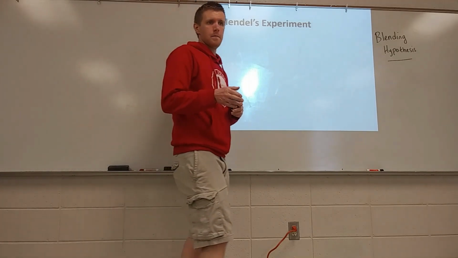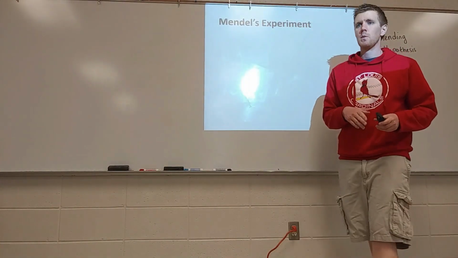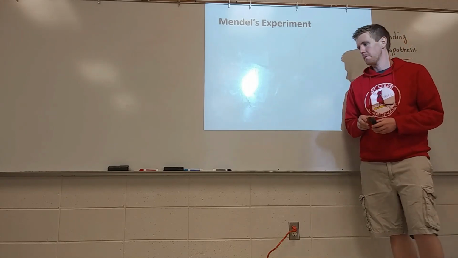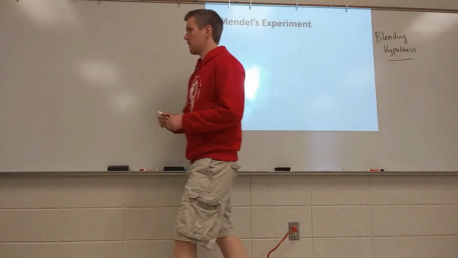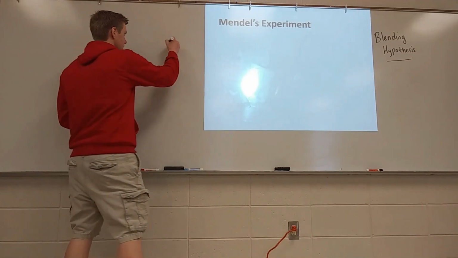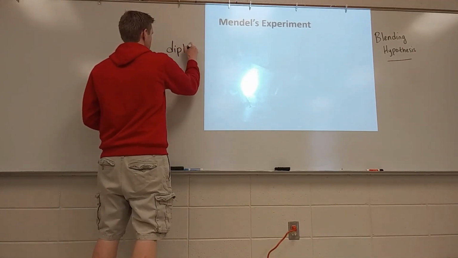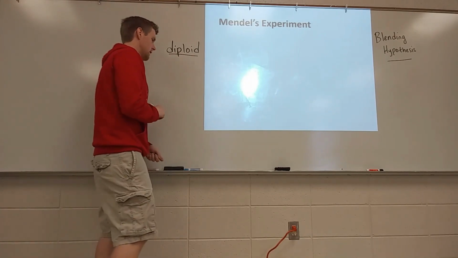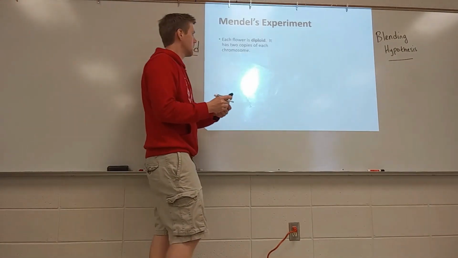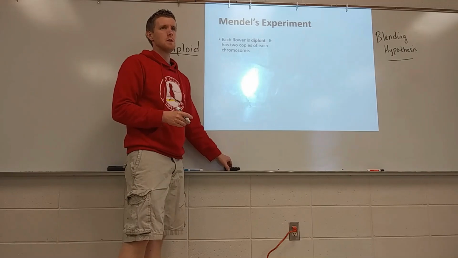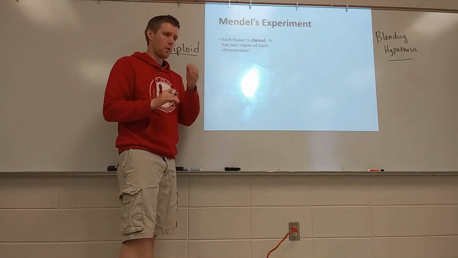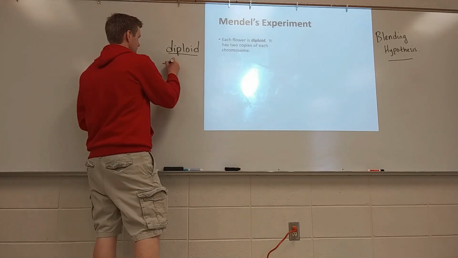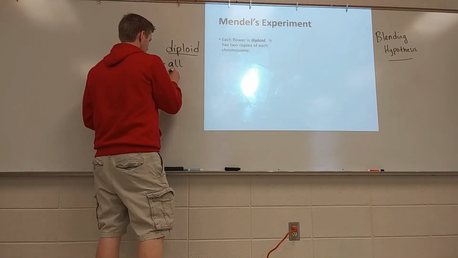This next part harkens back to the previous chapter when we talked about mitosis and meiosis. We talked about cell division. Do you guys remember the word diploid? Hope you do. What it means is two copies of each chromosome. If a cell or an organism is diploid, it has two copies of each chromosome.